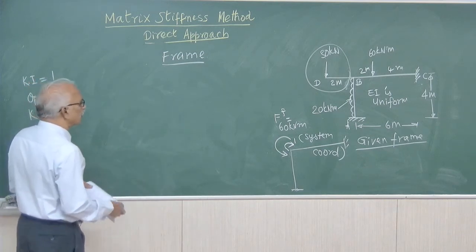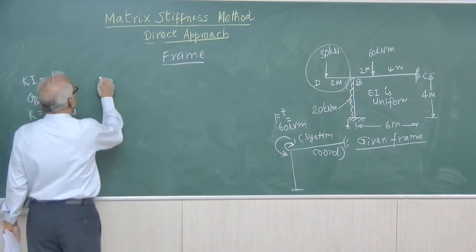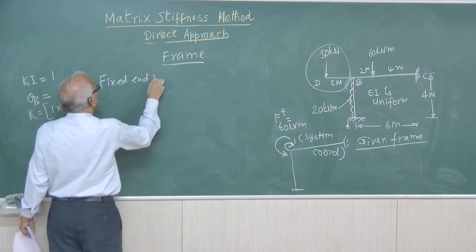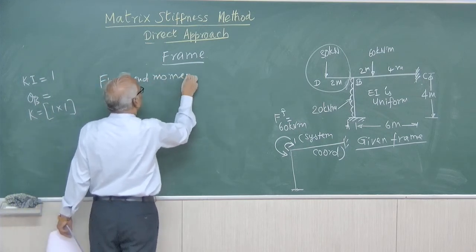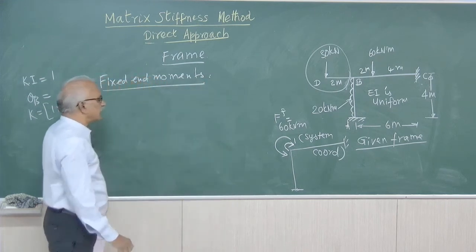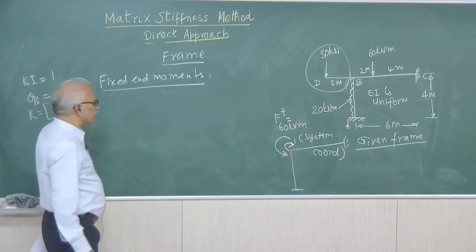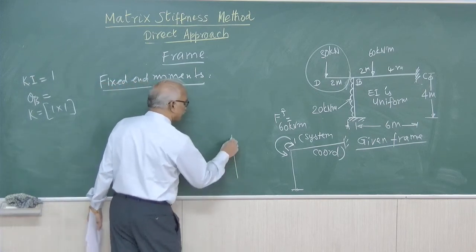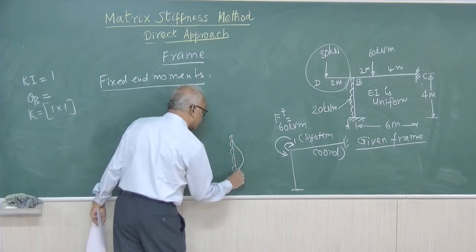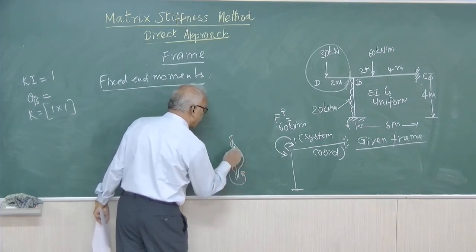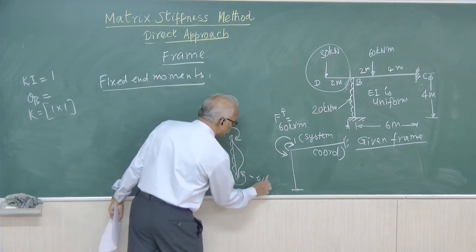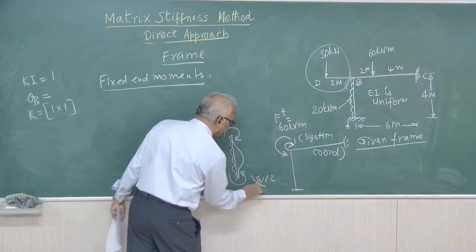Now, coming to fixed end moments, here again I will straight away give the values. Let us avoid spending time on that, because for the column, when it is subjected to UDL, the behavior will be like this. So here the moment will be anti-clockwise, here the moment will be clockwise, and here it is minus W L square by 12, anti-clockwise W L square by 12.